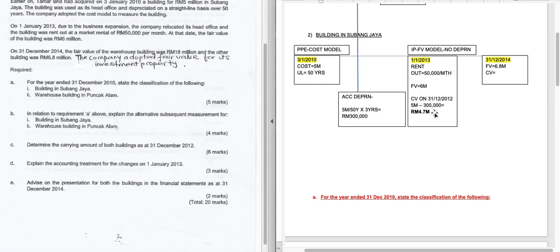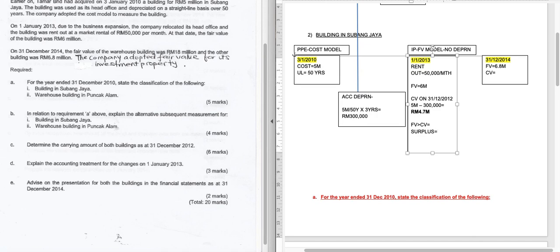So you will see here the fair value is more than the carrying value. Therefore, there is surplus. Why surplus? Because previously it was PPE, so we use this term surplus.